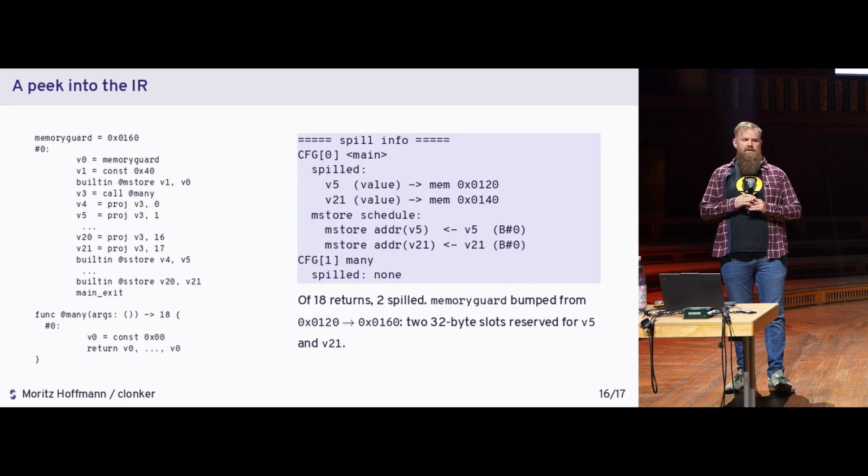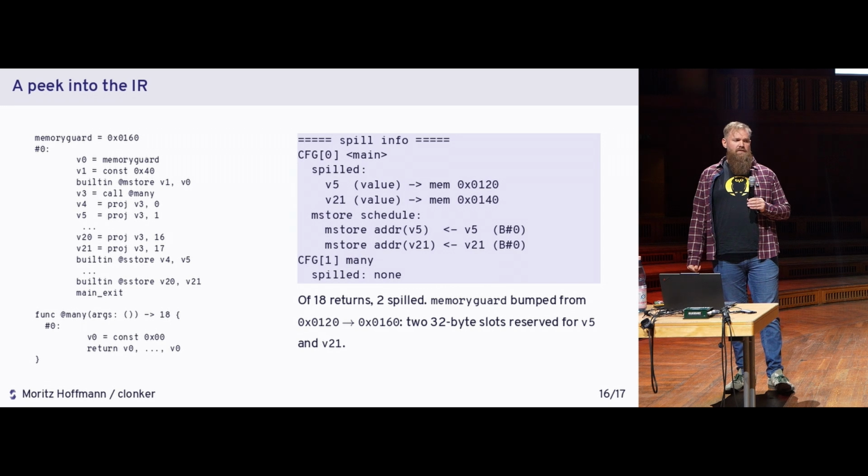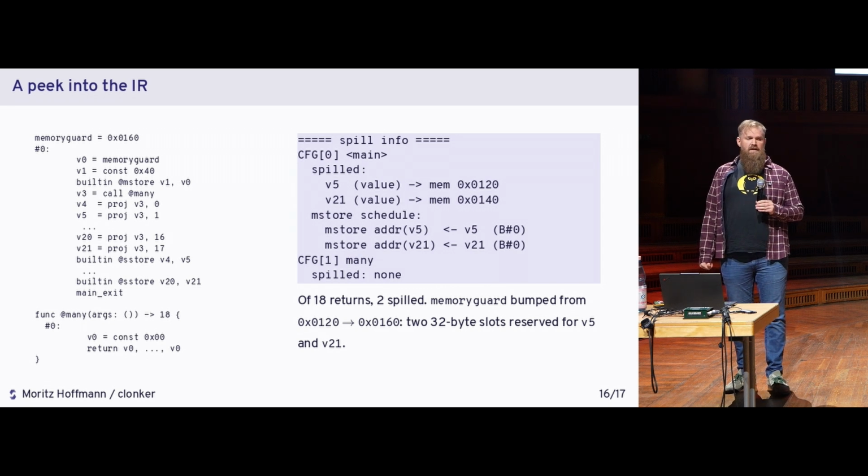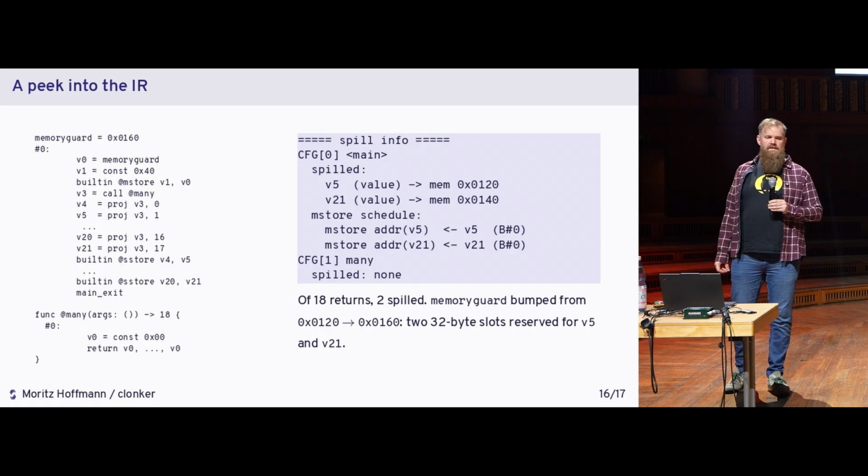These are these projection instructions. And in the end, we have a bunch of SSTOREs emitted. Yeah, and if you look at the spill info, you can see that indeed exactly two values have been spilled to memory, v5 and v21, which is then, as I explained, demand-driven by the stack layout generation phase.